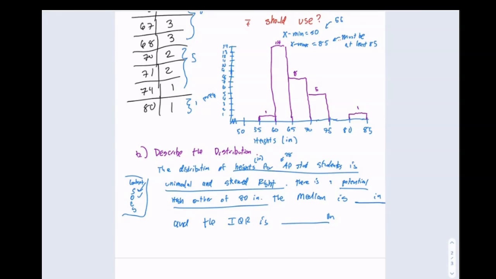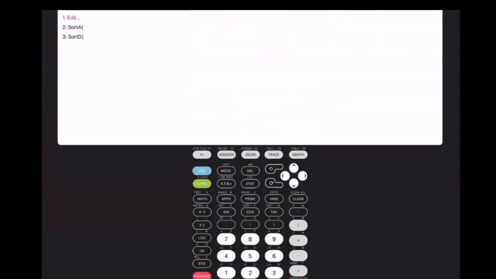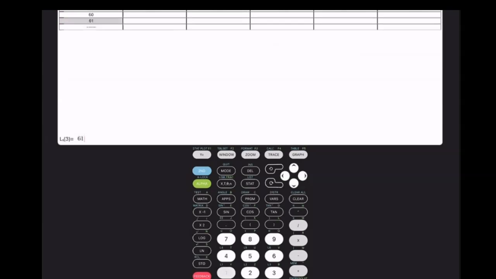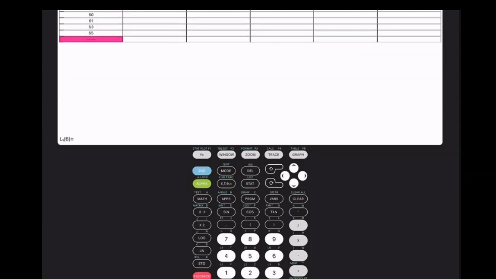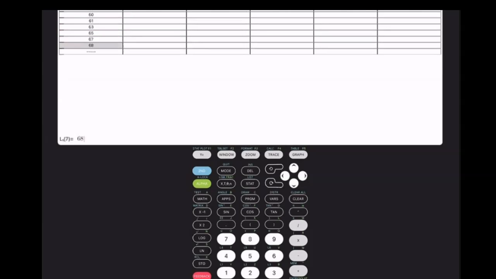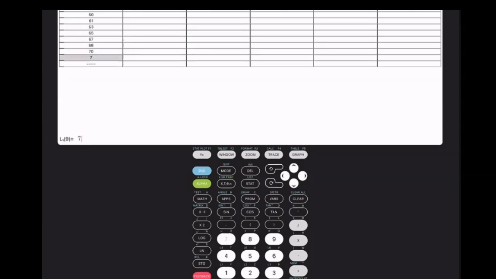Now, how do I do it with my graphing calculator? Well, stat, edit. In list one, I'm going to put the heights. Okay, so what were my heights again? I had 55. Can someone name them off for me for the table? Next one was 60, 61, 60, 65, 67, 68, 71, 74, and what? 80.